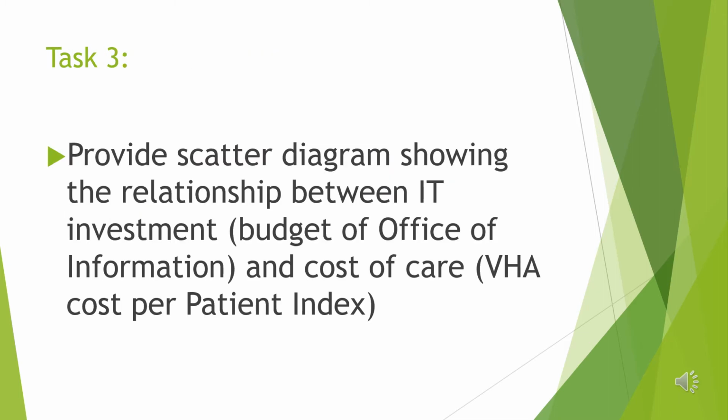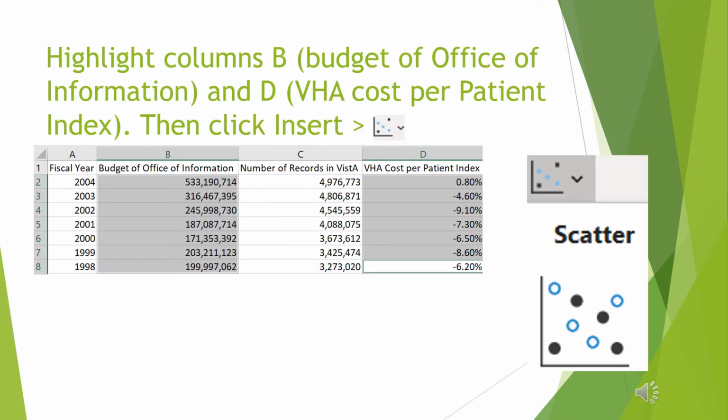Our next task is to provide a scatter diagram showing the relation between IT investment and the cost of care. We want to begin this task by highlighting the data of column B for budget and column D for cost per patient index.